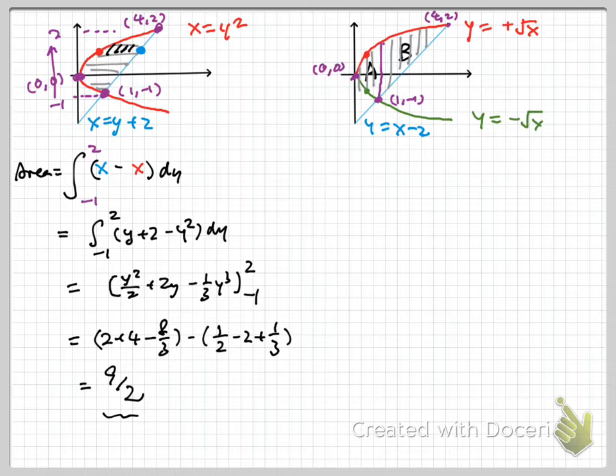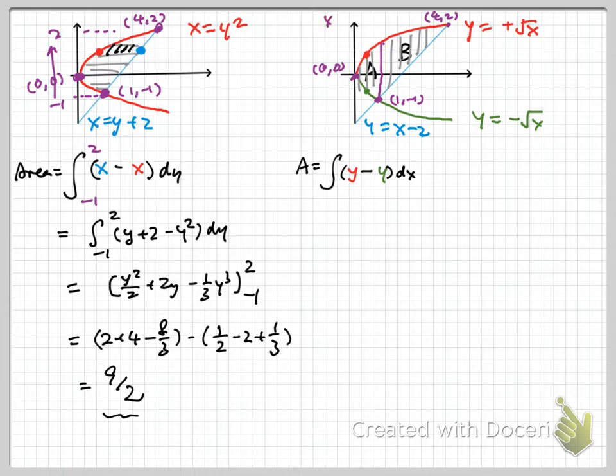Alright. So in region A, it is the red above the green. Alright. In region B, it is the red above the blue, so they follow different equations. In A, we have the red y, subtract the green y, alright? And then we integrate with respect to x. And that should be the boundary for x.